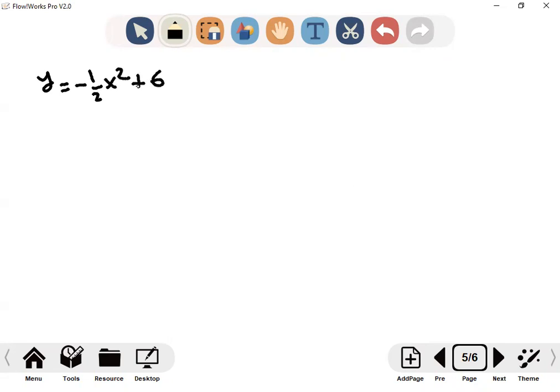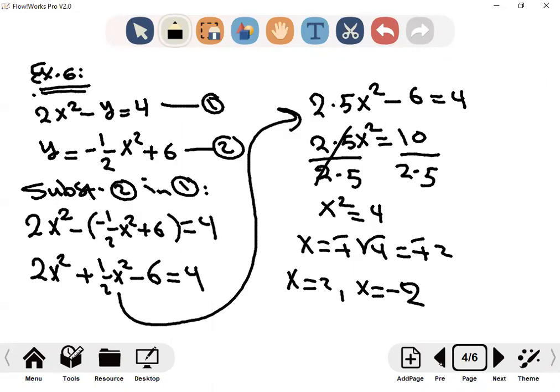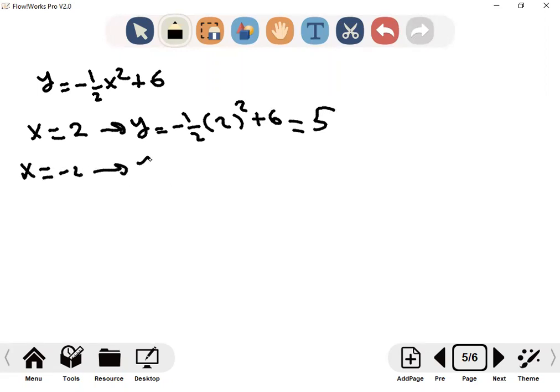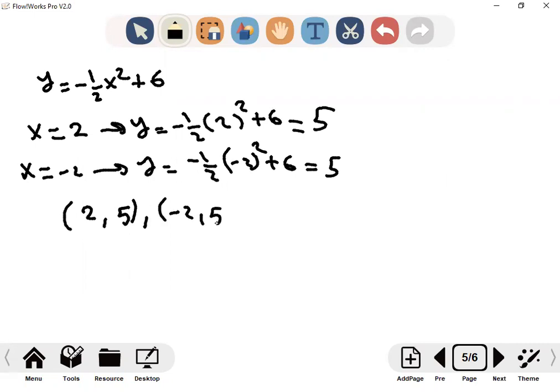If x equals 2, y will be negative half of 2 power 2 plus 6, negative 2 plus 6. If x equals negative 2, y will be negative half of negative 2 power 2 plus 6, also the same. So we have two solutions here.